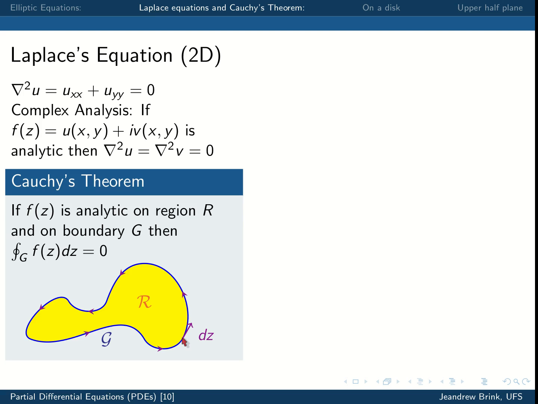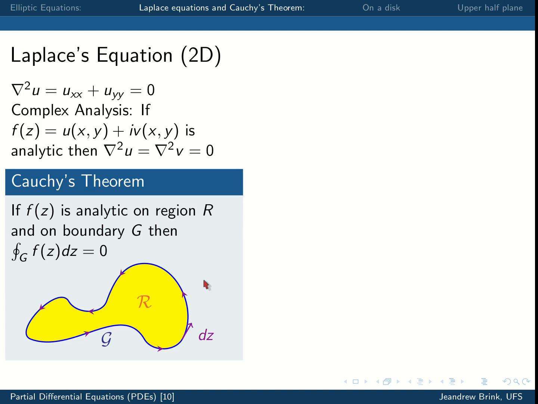So you traverse it counterclockwise, obeying the right-hand rule. You have dz, and you go around this way. If you evaluate f on that integral, the whole integral is equal to 0. So that's Cauchy's theorem.